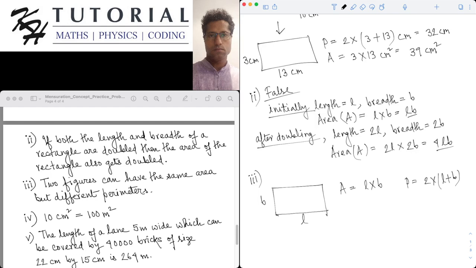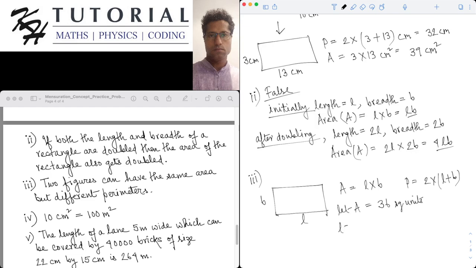Okay, let's see. Let's fix the area. Let the area be 36 square units. Now, what values can we give to L and B such that L into B is 36?